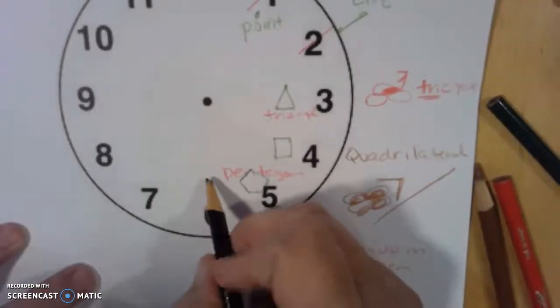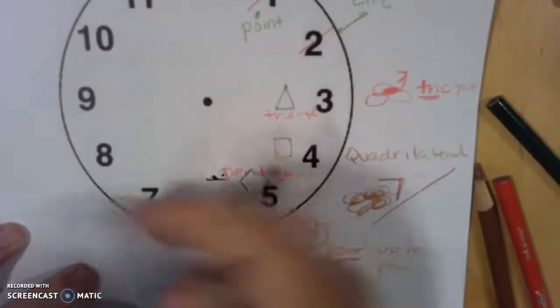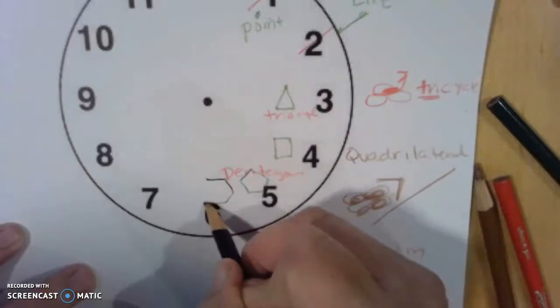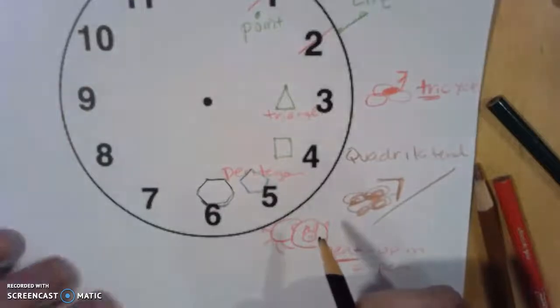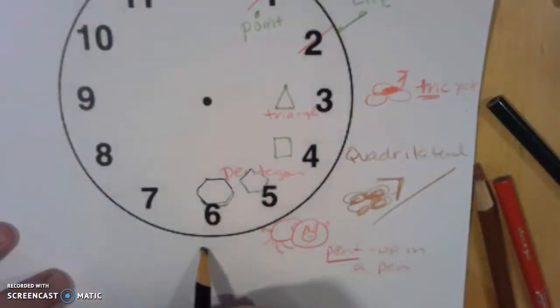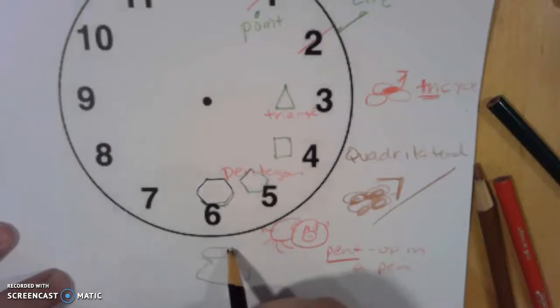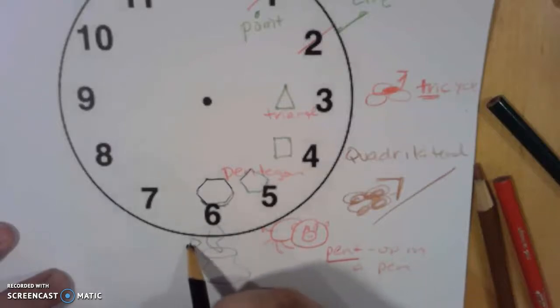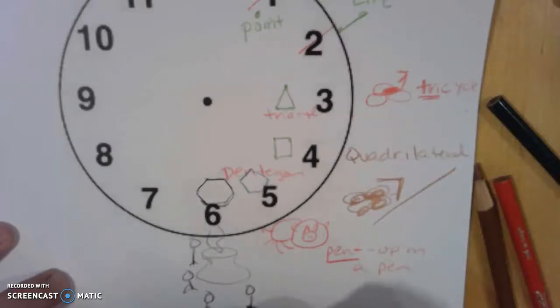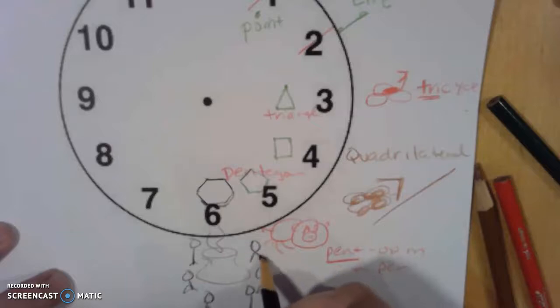All right. The next one, a 6-sided figure. Let's see if I could draw a 6-sided figure. There's some of you in class that are probably really good artists, and you can just have fun laughing at mine. Okay. Well, imagine there are 6 witches around a cauldron, right? There's a little cauldron, and 1, 2, 3, 4, 5, 6 witches.